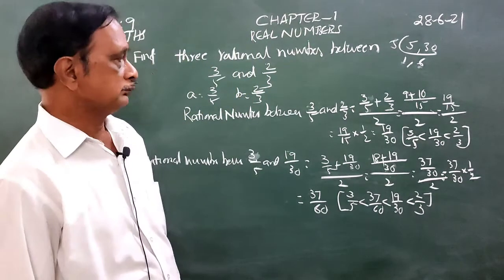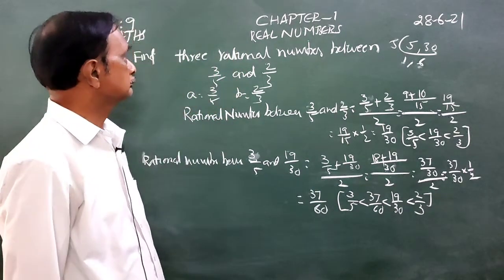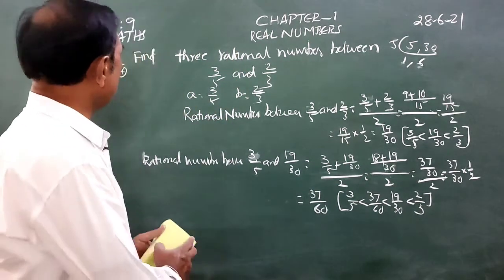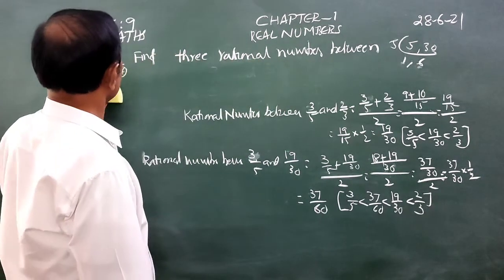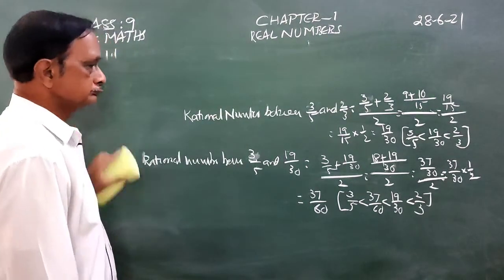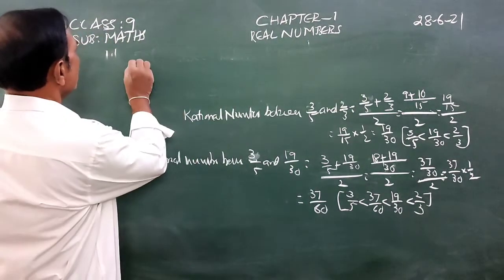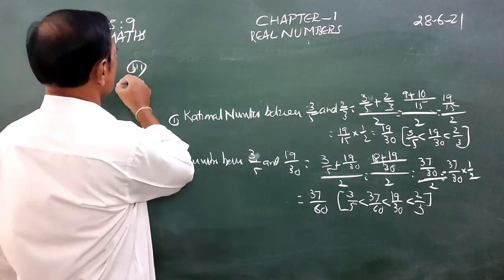Now find a rational number between 3 by 5 and 37 by 60. See, here I delete this part. Rational third one. So it is first one, it is second one, and it is third one.